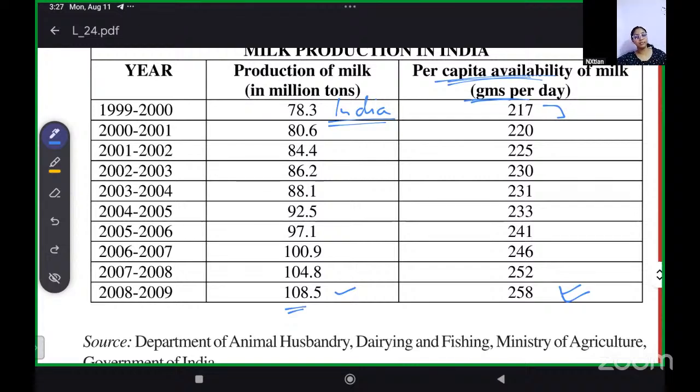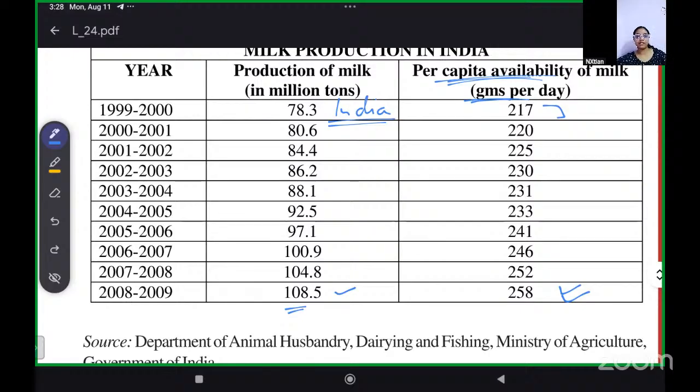Yes, Edric, good. This table shows that the production of milk has been increasing every year. And the per capita availability of milk is also increasing, which means that our dairies are doing very good.